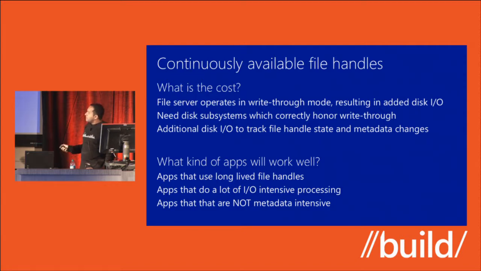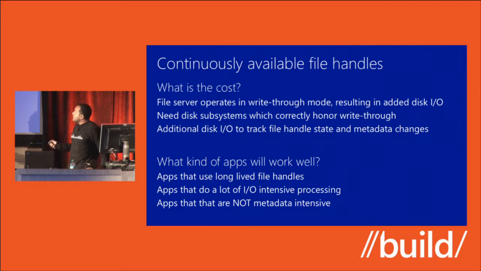So the file server operates in a write-through mode. So if you have disk caches and so on, it will speed up. But effectively, what is happening here is once the client writes some data to the server, the data has to be persisted to disk, so that even if the server fails and the share is brought up on another node, the data is not lost.